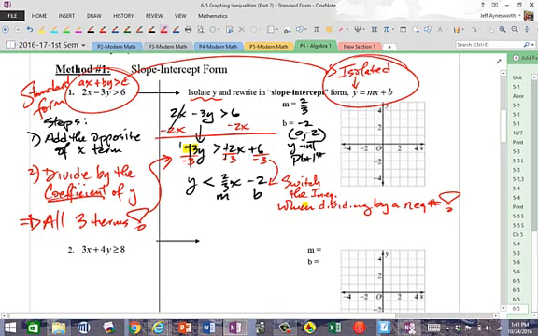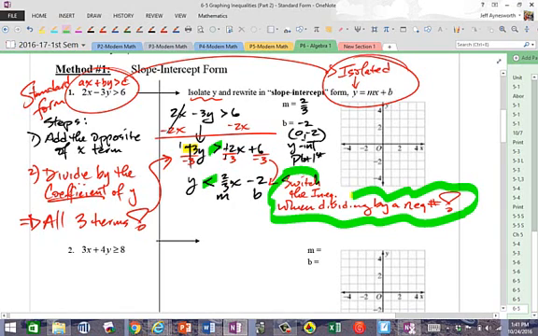This is a key concept right here. Notice how I went from, let me put it in green, greater than to less than. You have to switch the inequality when you divide by a negative. If I had divided by a positive 3, I wouldn't have done that. Only when you divide by a negative.